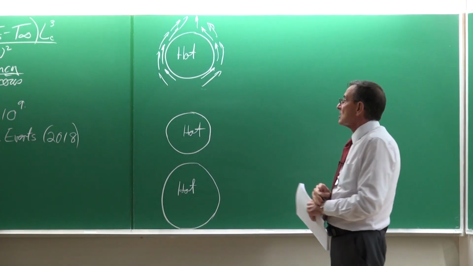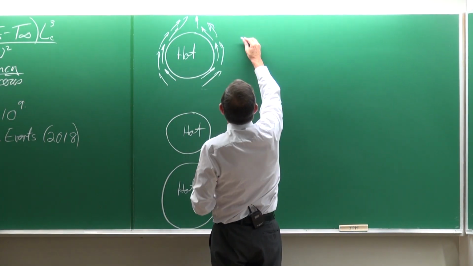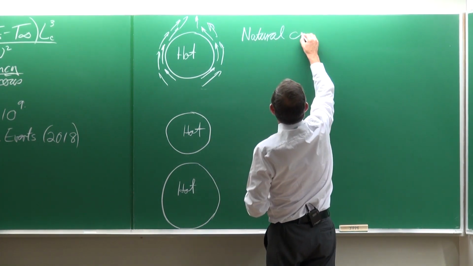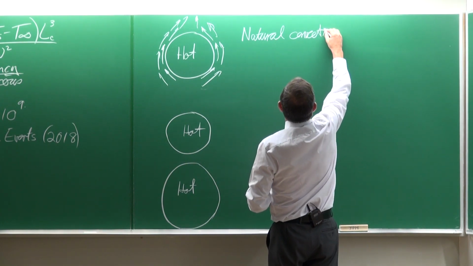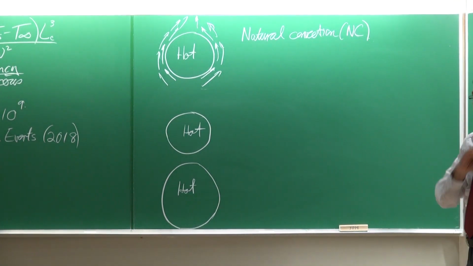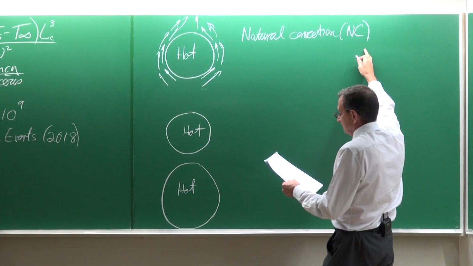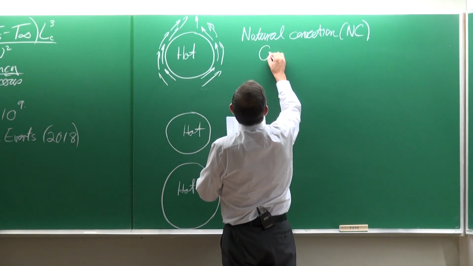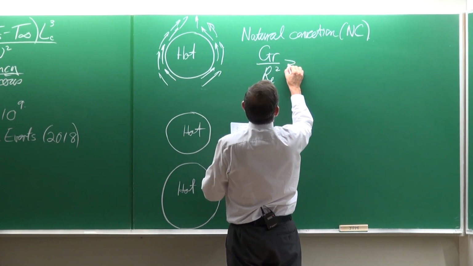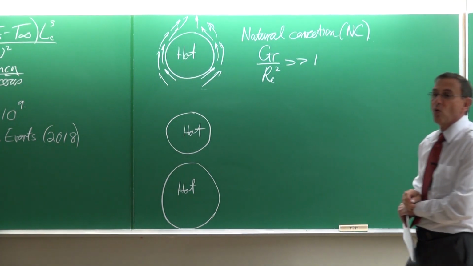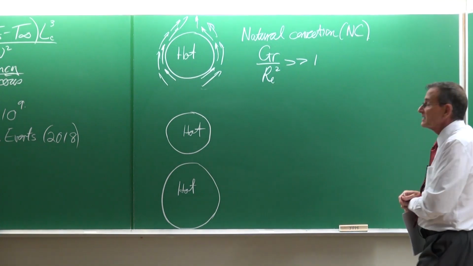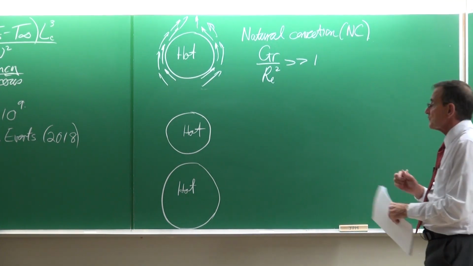And the velocities are very, very small, and this is natural convection, or NC for short. In these cases, the Grashof number divided by the Reynolds number squared is typically much larger than 1. Therefore, that is typically the criteria that we can use.